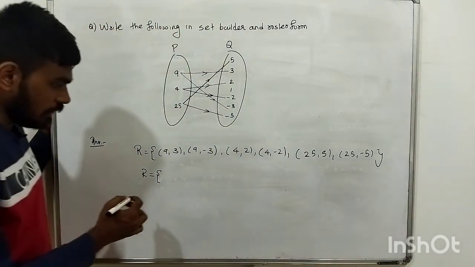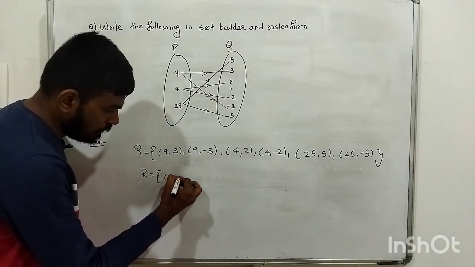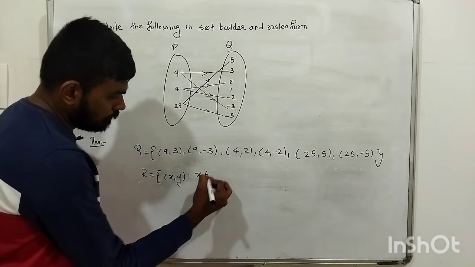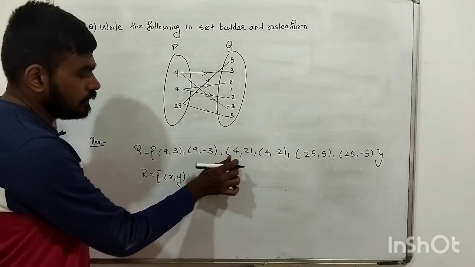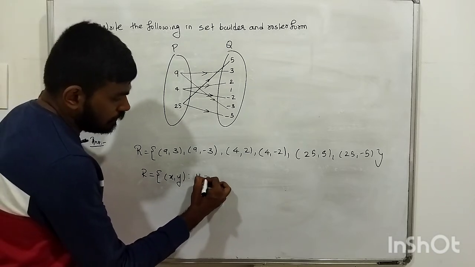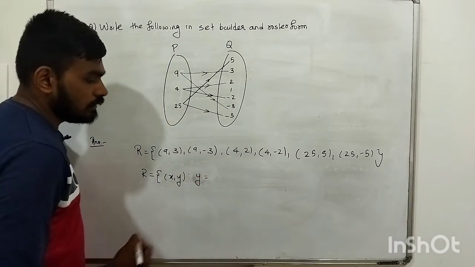Okay, so from this we can write x comma y such that x belongs to P, y belongs to Q. First we write the relation: x is equal to y square, the square of y, or y is equal to root of x.